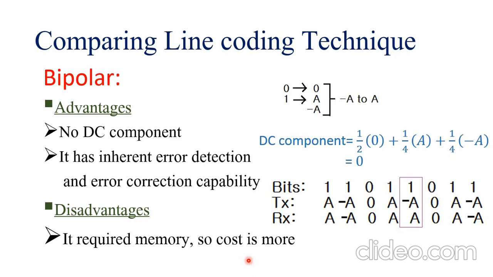So it is having higher cost. So this is one disadvantage which is there in bipolar scheme.